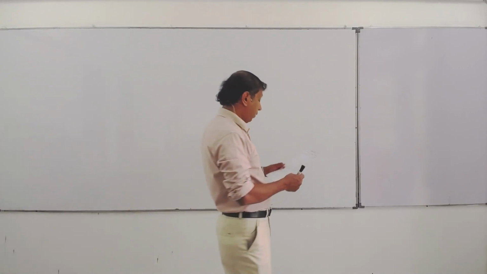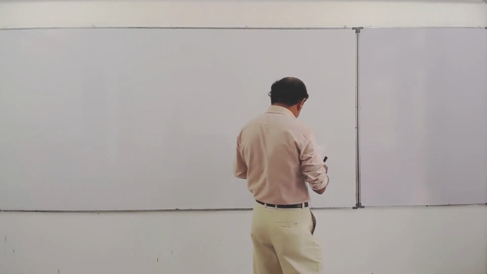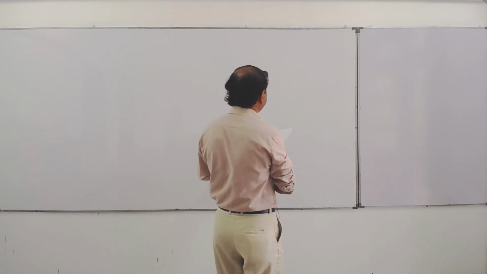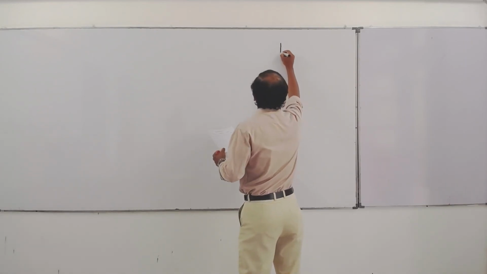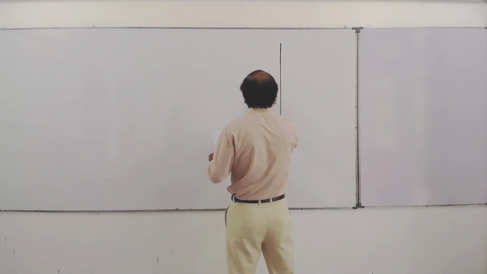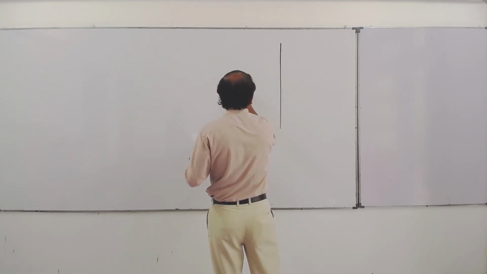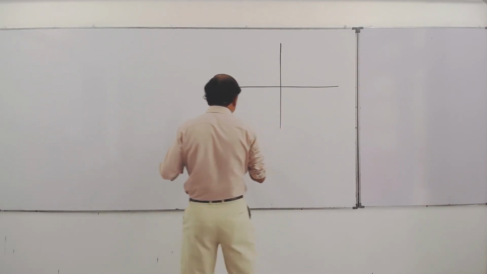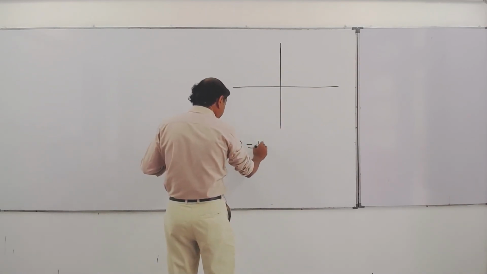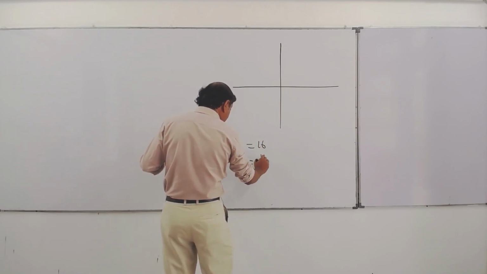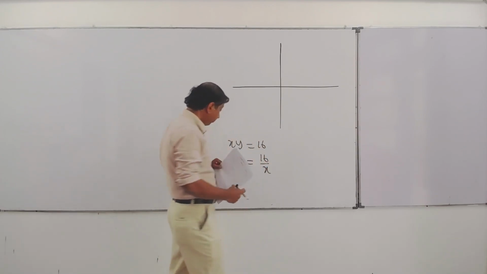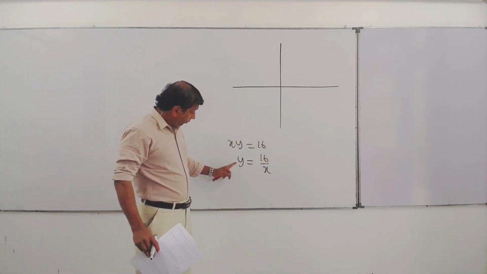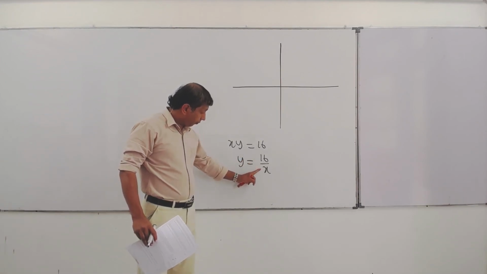Okay, the hyperbola xy equals 16. To sketch this one, we can take this idea. y equals 16 over x.